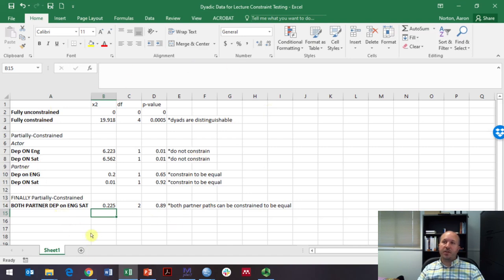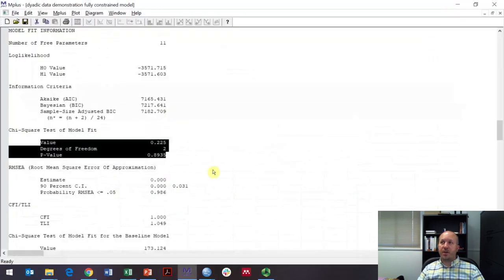When I talk about doing chi-square difference testing, I have my chi-squares here and my degrees of freedom that I can report in my manuscript for when I did my fully constrained model. And then I can also state that I did this one at a time, testing each path, and then tested the ones that we showed to be not significantly different all together in one final analysis and did a chi-square difference test to determine that, in fact, I could use this for my final model.